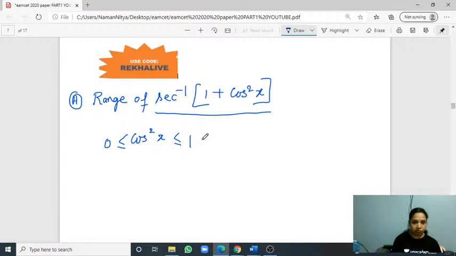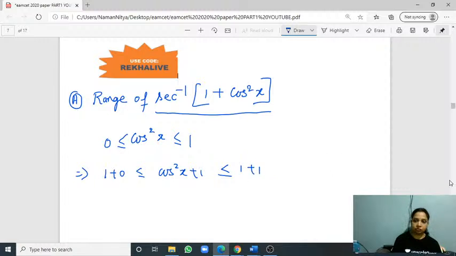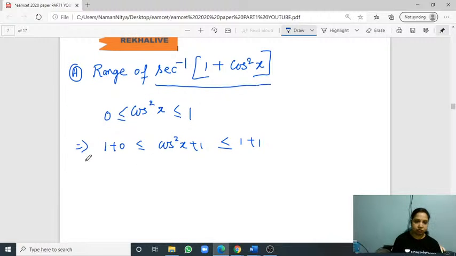Now if I add 1 throughout this inequality, I get 1 plus 0, cos square x plus 1, 1 plus 1. So I have just added 1 throughout. So I'm getting 1 less than or equal to cos square x plus 1 less than or equal to 2.